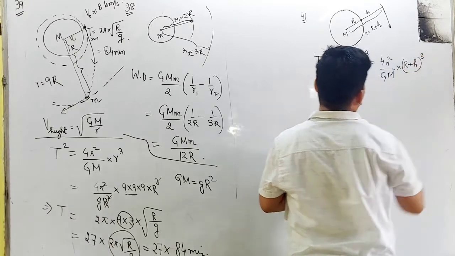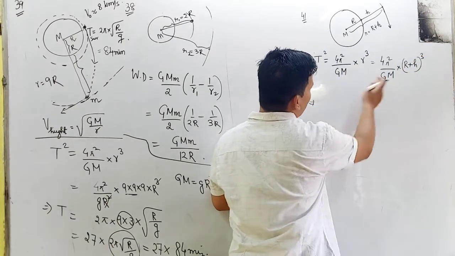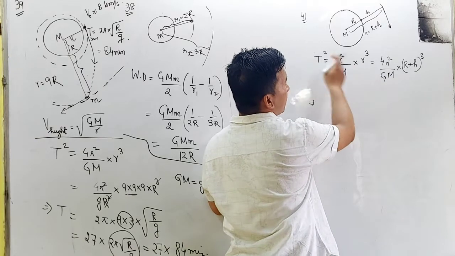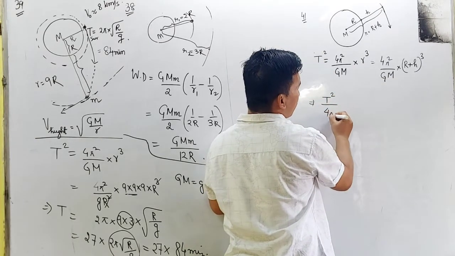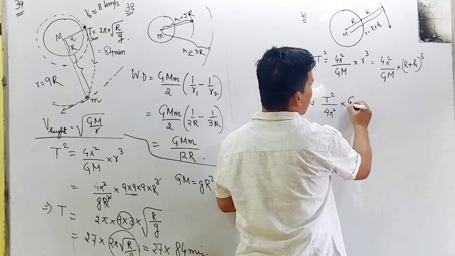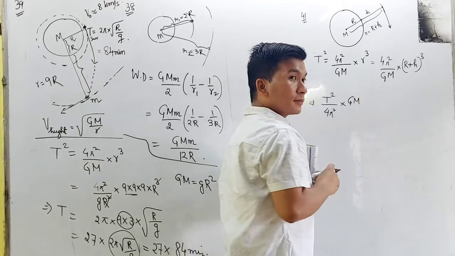Now if this is taken over to the other side, we put it as T square divided by 4 pi square into capital G M.